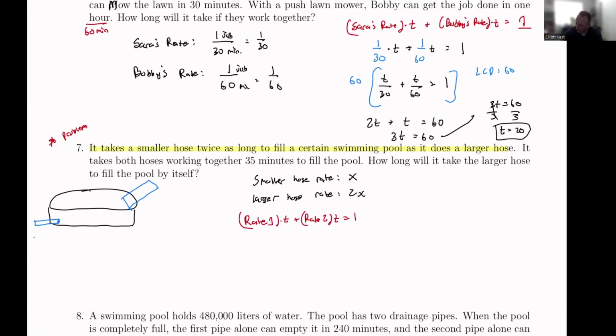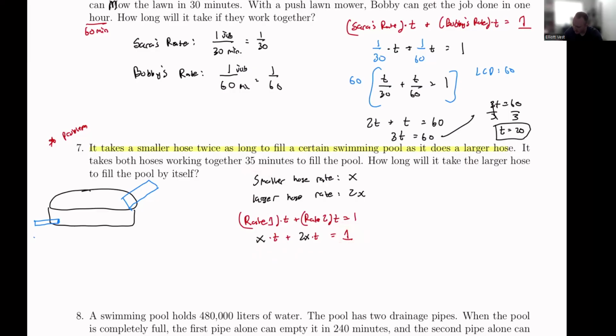So rate 1 I know is x times time plus rate 2 I know is 2x times time is equal to 1. Don't we know what time is though? When they are working together to get that one job done, it takes 35 minutes.